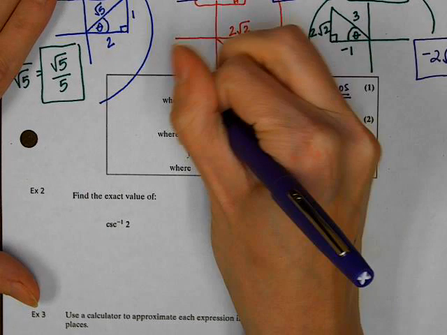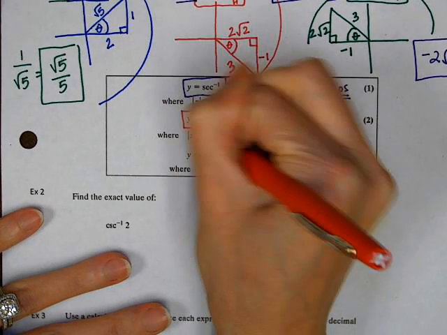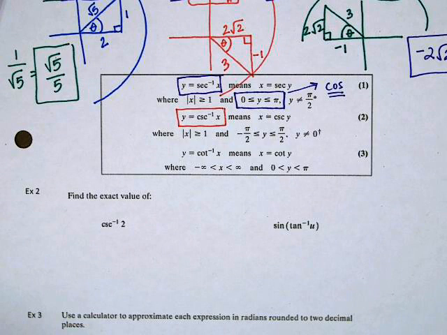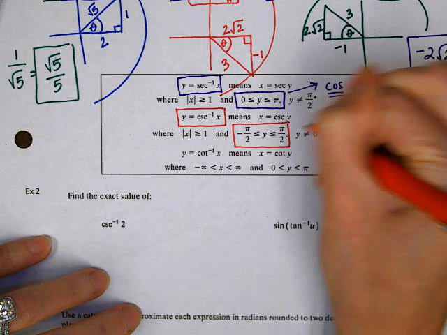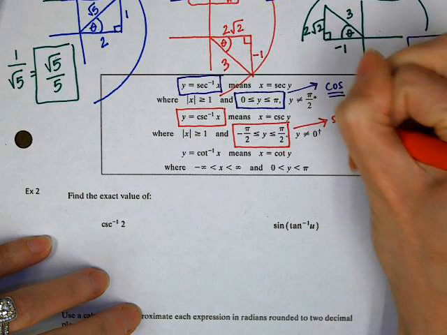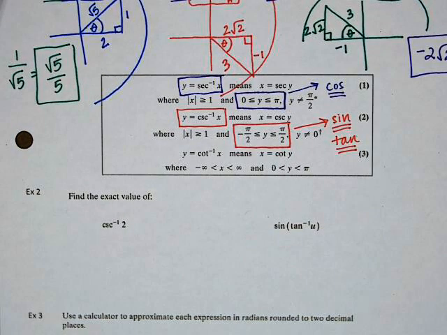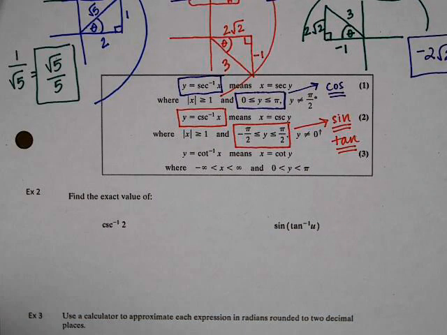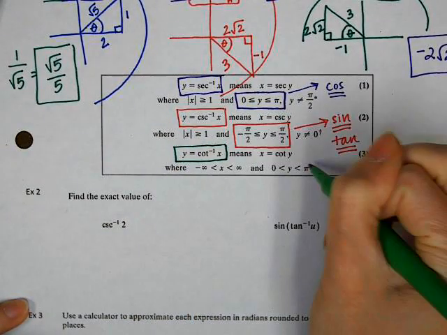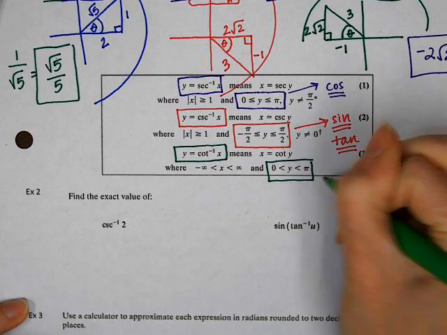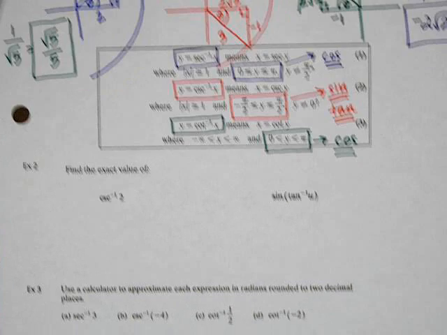Just so you know, important today, if you have inverse cosecant, its restriction is negative to positive pi over 2, just like from 7.1 sine or tan. Those are the same. And then inverse cotangent's range restriction is 0 to pi, again, just like cosine. Okay, that's going to be kind of important later on today.